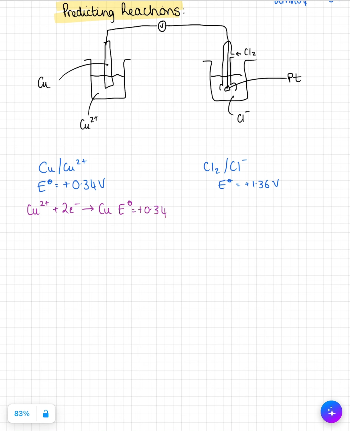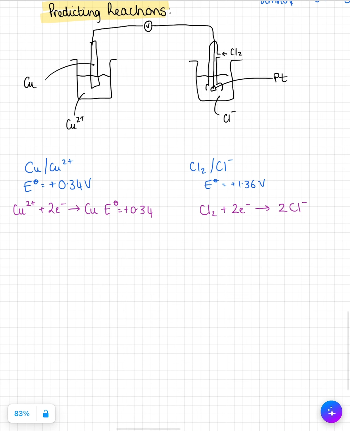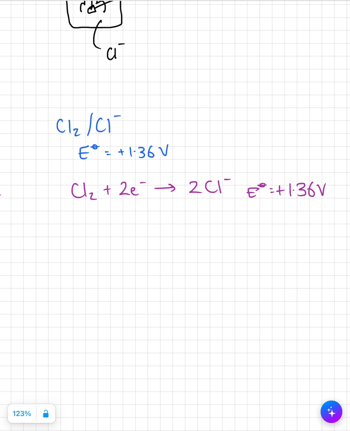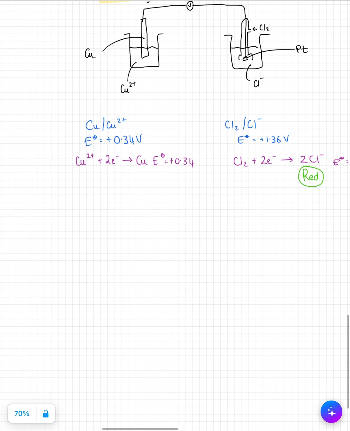Then we have reduction, gaining electrons, so that's Cl2 plus 2e- gives us our 2Cl-, and that has an E value of plus 1.36. Now, our plus 1.36, that's a higher number, therefore this one is more likely to be reduced, and this is more likely to be oxidized.